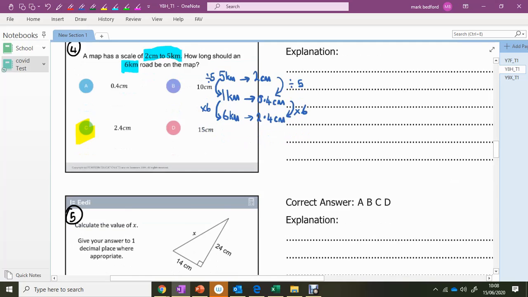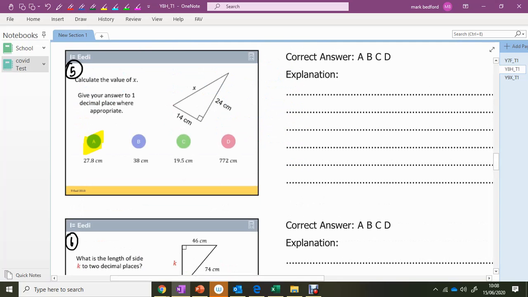On question 5, calculate the value of x. We have a right angled triangle here, and because we have two sides given, we are looking at using Pythagoras' theorem. Pythagoras' theorem just states you take one of the shorter sides, square it, add it to the other shorter side squared, and then square root.